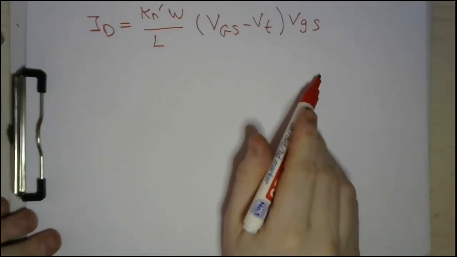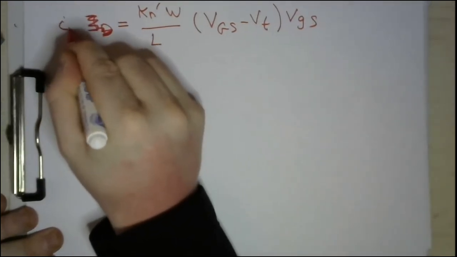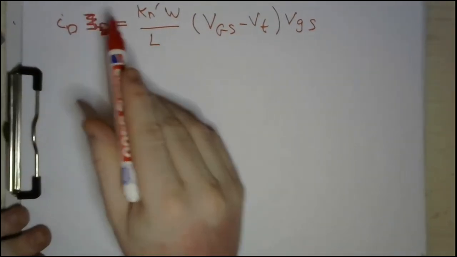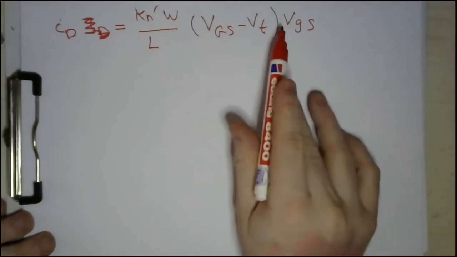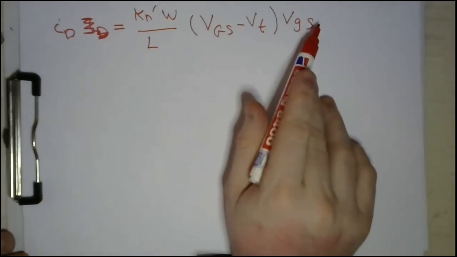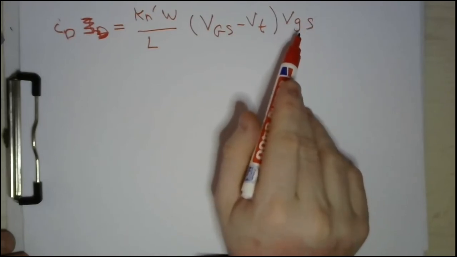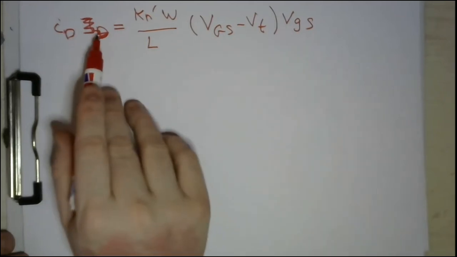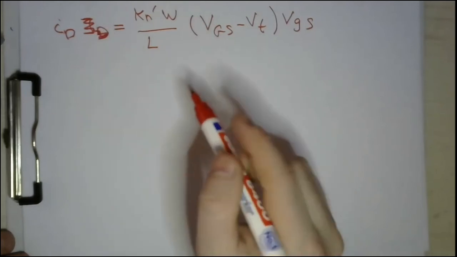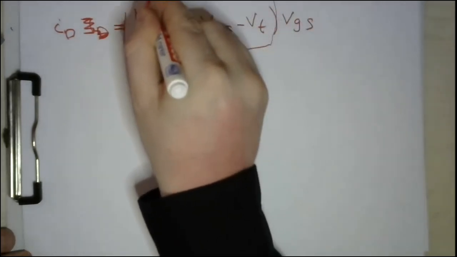Now, this is an AC current, so it's better to write it as i small d, because this is an AC current. So this AC current is proportional to the AC input. The higher the gate voltage, the higher the output current. And this relation has a constant, which is Kn dash W over L times VGS minus V threshold.